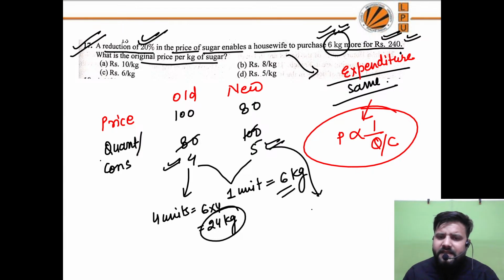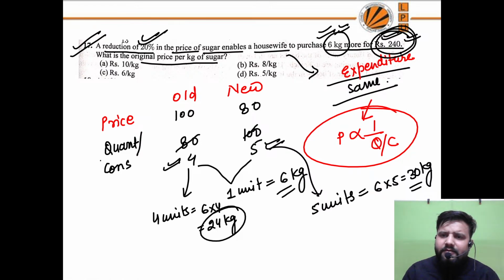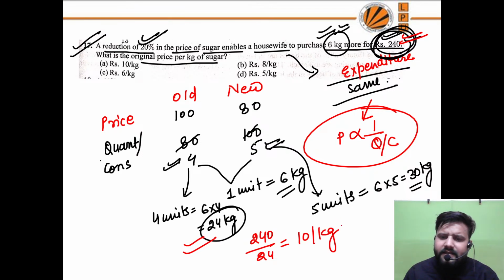Now how much is she purchasing? 5 units, which means 6 into 5, equal to 30 kg. Now the question is asking for the original price. Expenditure is given as 240. You were getting 24 kg and spending 240, so the initial price was 240 divided by 24, that is 10 rupees per kg. This is the original price.